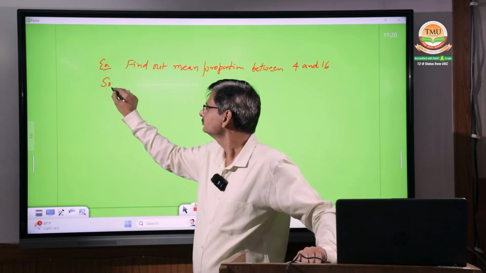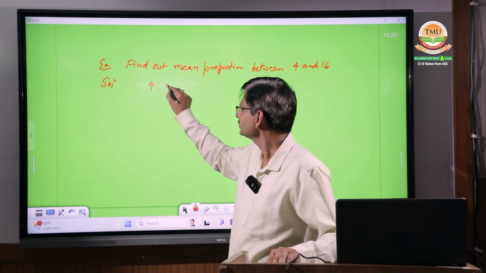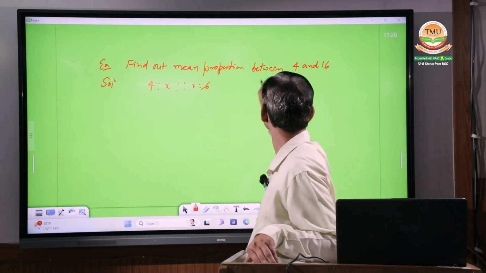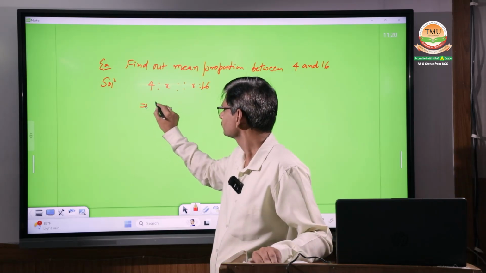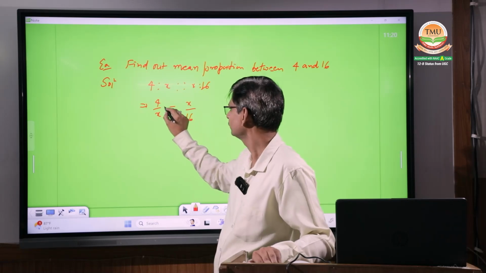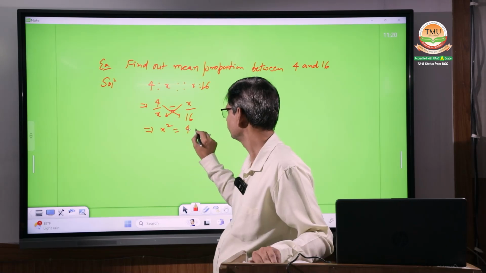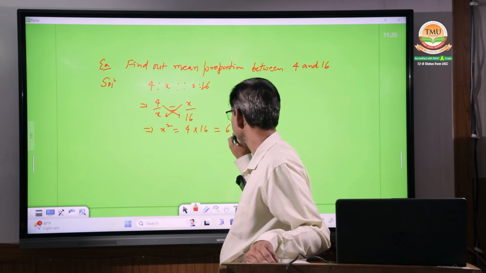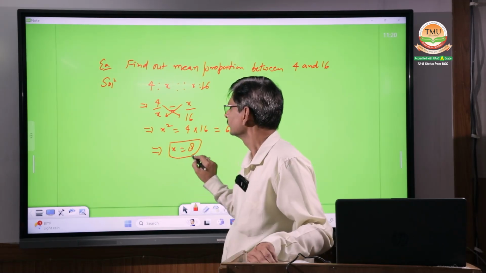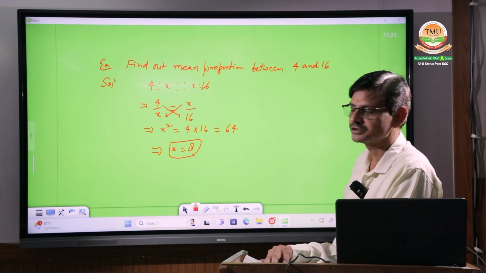This type of problem we can solve as 4 is to x proportion x is to 16, that is 4 upon x is equal to x upon 16. Now we multiply crossly, that is x square is equal to 4 into 16, that is 64. Now x is equal to 8. This is the mean proportion between 4 and 16.